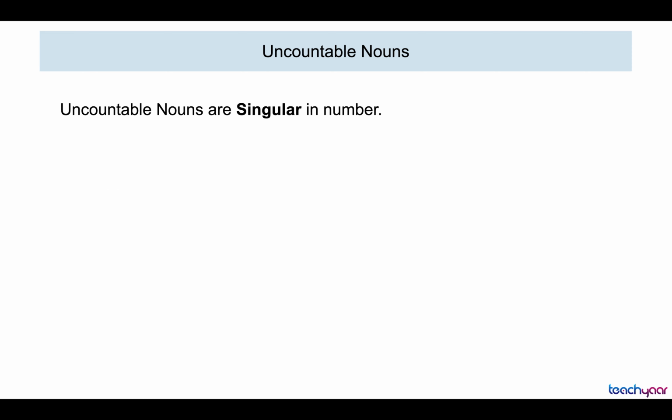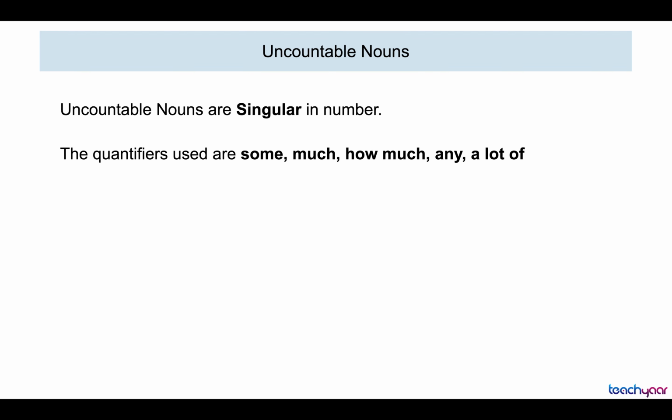So in such a case, the quantifiers used are some, much, how much if you're asking a question, any, a lot of. These are the quantifiers used. They'll come automatically once you get used to language and you start talking or reading. Let us see a few examples.